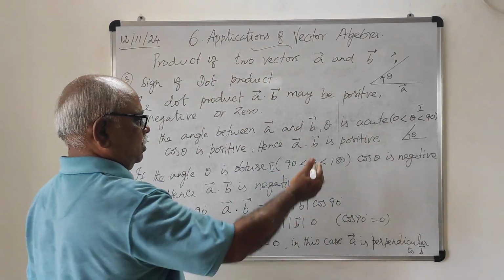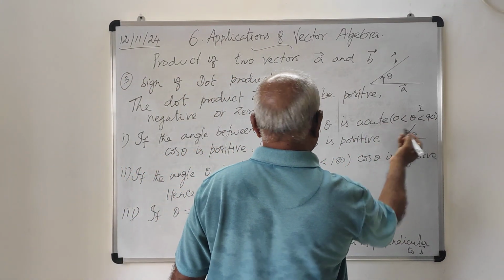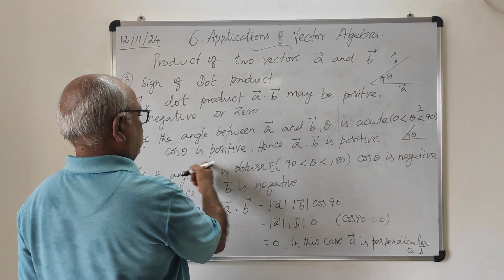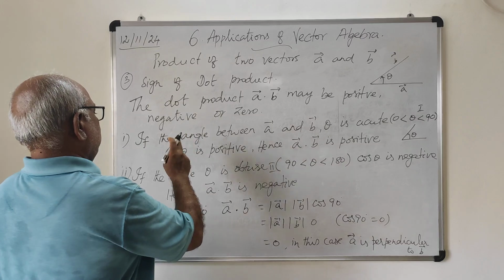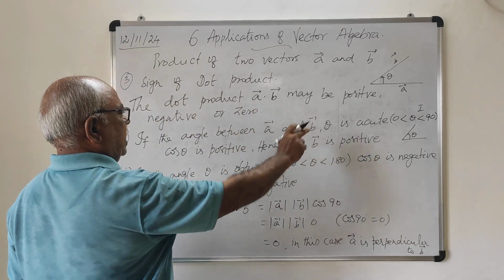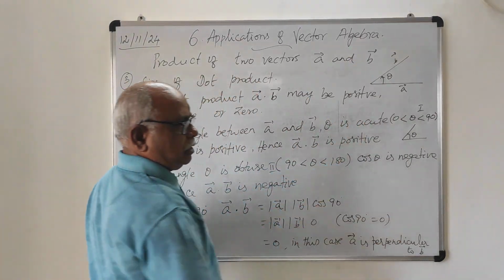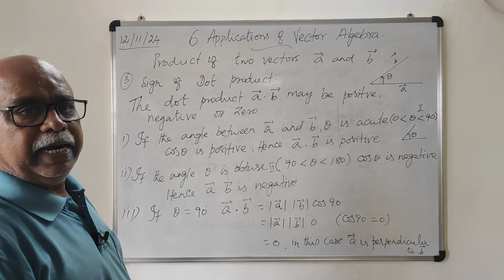In the first quadrant cos theta is positive, hence A dot B is positive. So if A dot B is positive, the angle theta is acute. That is the inference we get from this idea.